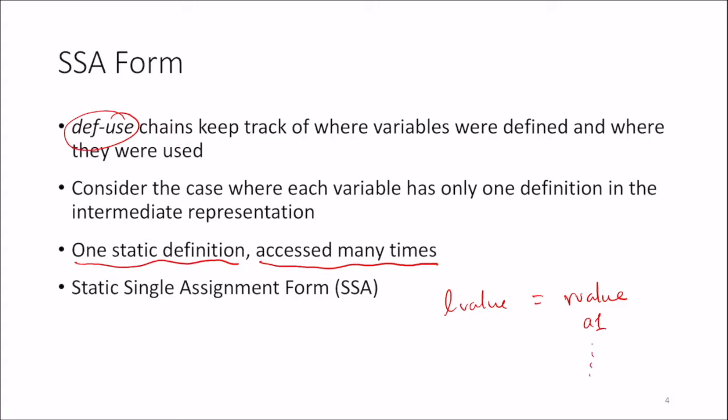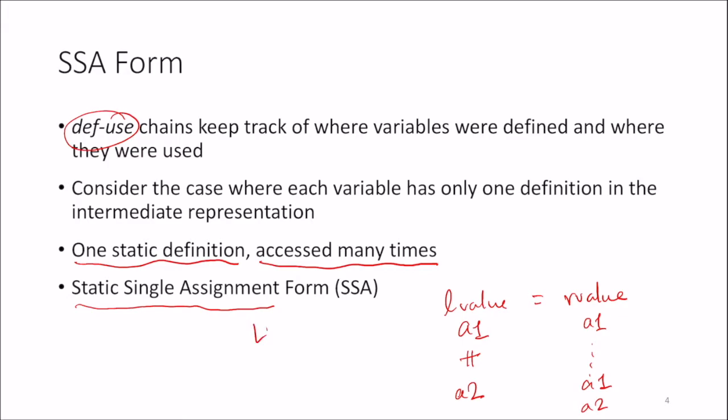I can use it multiple times on the R value, but A1 can only happen once as an L value. Anytime, I can create a new variable called A2 and then start using A2. These two are not equal. You cannot have A1 again on the left-hand side of an assignment. So that's why it's called static single assignment form.